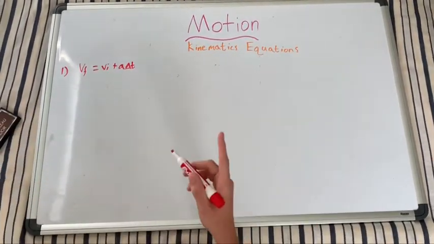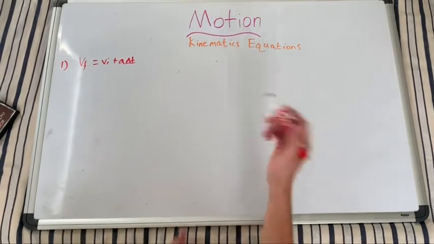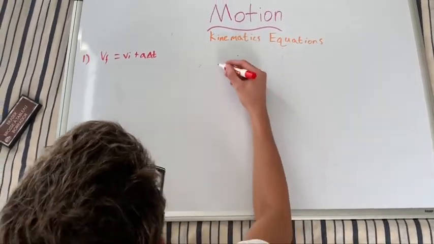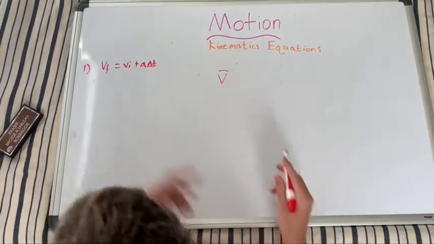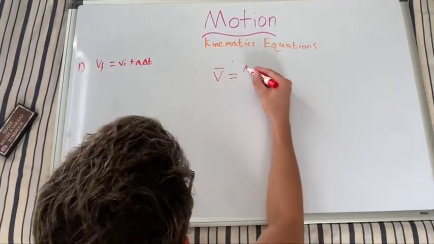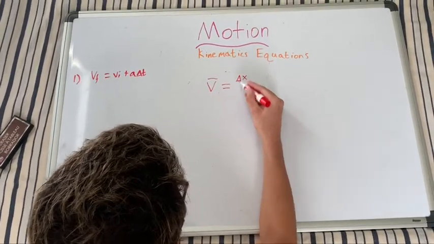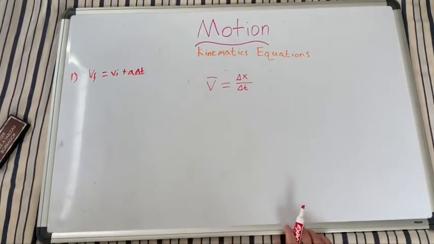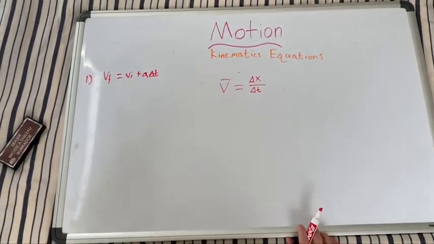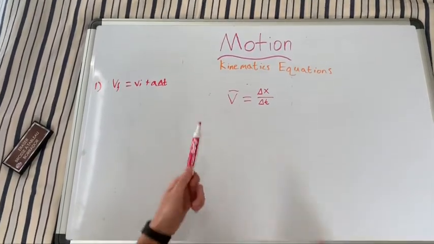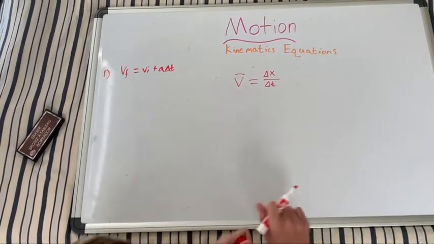Alright, now we're going to do the second kinematics equation, for which we use our definition for average velocity. So v bar, this was average velocity, forgot to mention, equals change in displacement over change in time. Going back to basic math class, when you have an average of something, it's the sum of the numbers on the top over the amount.